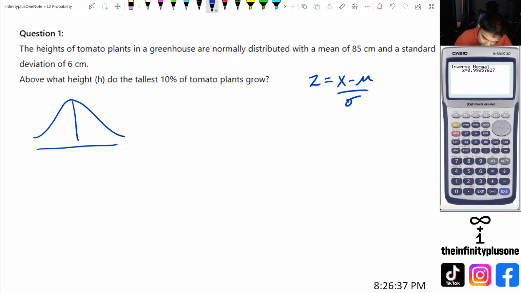So I'm going to put the mean as 85, standard deviation of 6, and it says above what height do the tallest 10% of the plants grow. So that means I am looking for this x value here. What is this value such that the yellow part here is going to be 10% or 0.10.